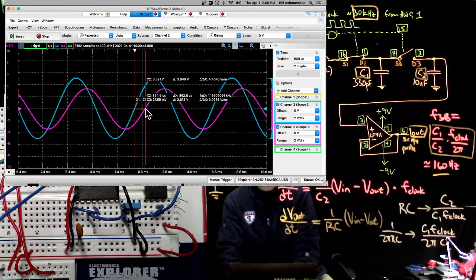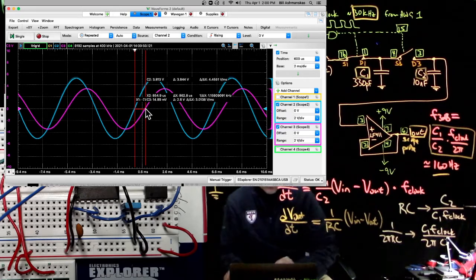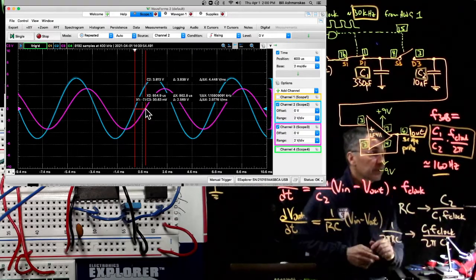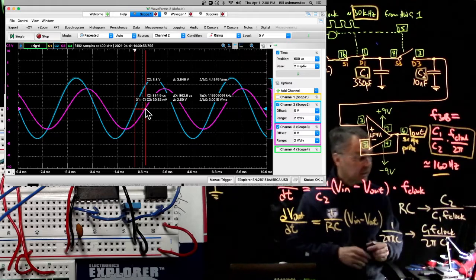So I'll say 863 microseconds times 160 hertz, and this is E minus 6. That's 0.138. I guess I was expecting 0.125, so that seems pretty good. So right, that's just a little over an eighth of a period.